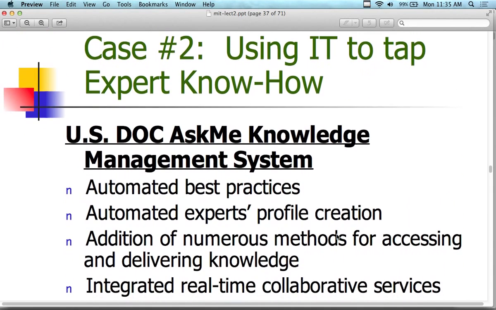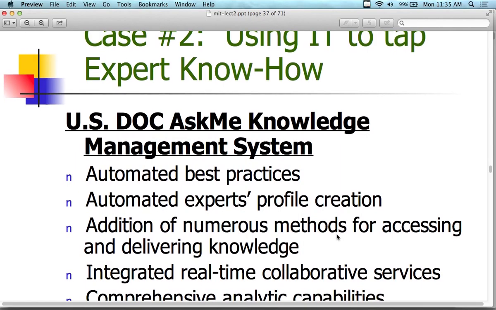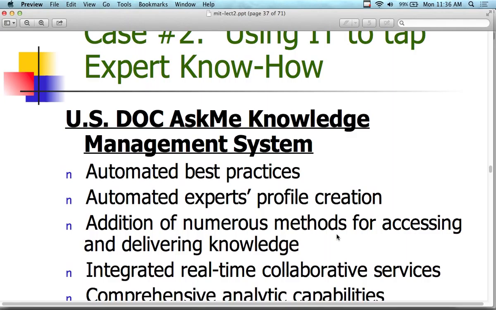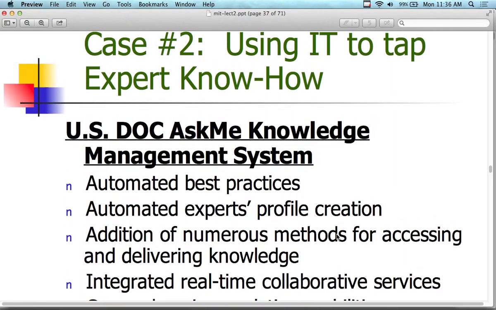So if we're using a knowledge system to tap expert knowledge, we could capture different scenarios, put it into the system, and have it guide the knowledge worker who's using the system to perform something or say something or to do something. It changes their actions in terms of how they're performing their job. And then it creates a system where you don't have to have a human. It's an artificial intelligent approach. You don't have to have a human micromanage the employee. The employee is managed by the system.